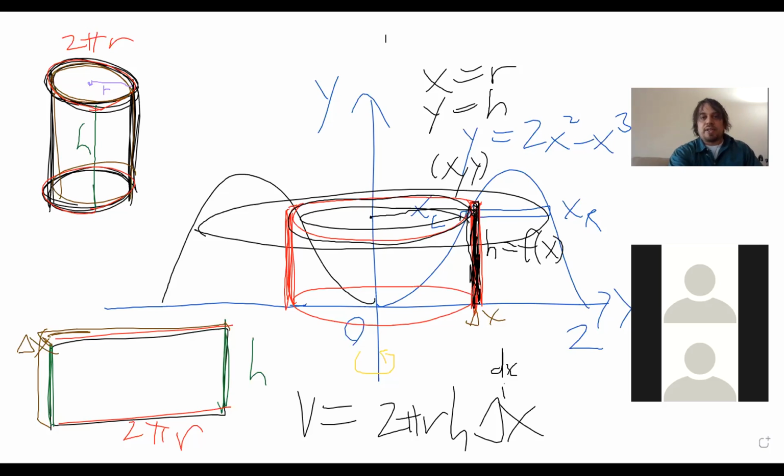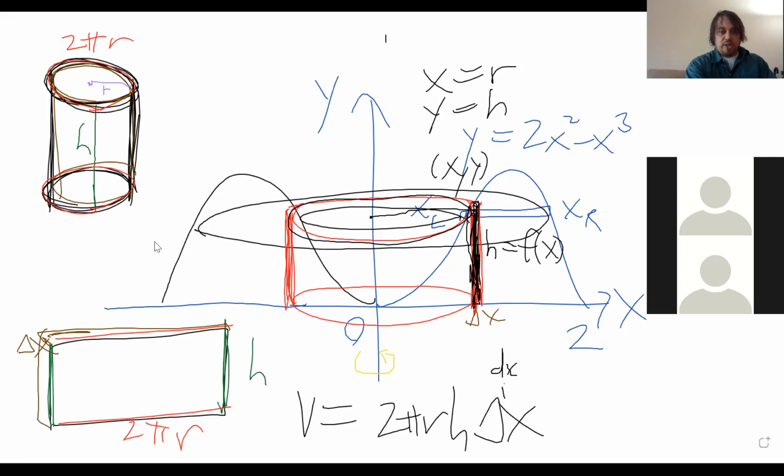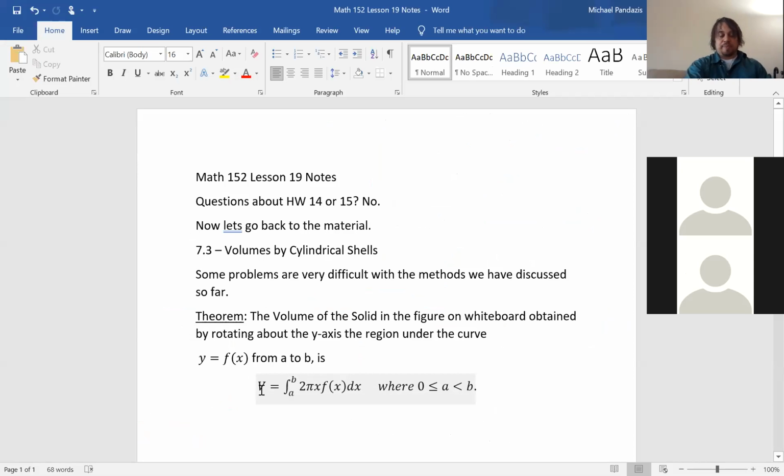So that's the picture. And here, what this equation is saying is that the actual volume in this example is obtained by considering the approximating cylinders, 2 pi x f of x, so the radius is x and the height is f of x, like I drew in that picture. And then you keep approximating the volume better and better by using more approximating cylinders and making the thickness smaller and smaller.